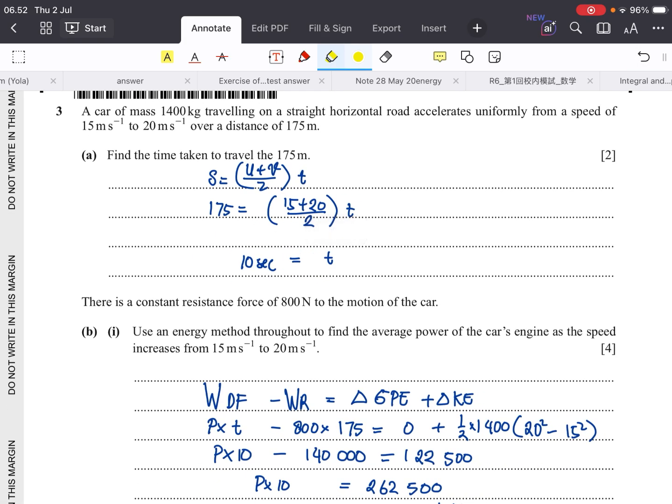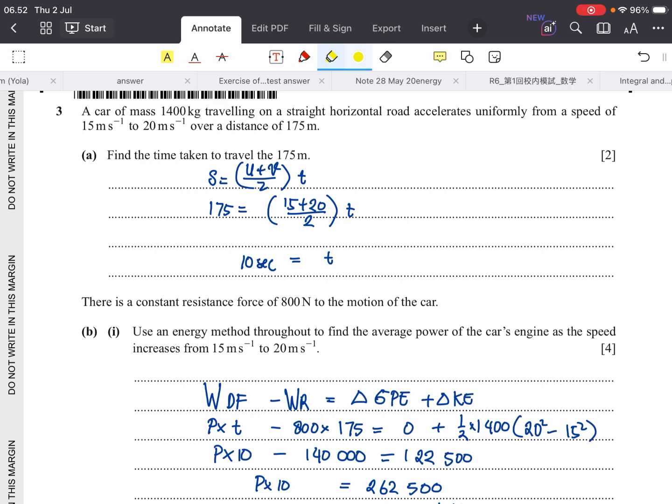And then there is a constant resistance force of 800 Newton to the motion of the car. B. I. Use an energy method throughout to find the average power of the car's engine as the speed increases from 15 meter per second to 20 meter per second.